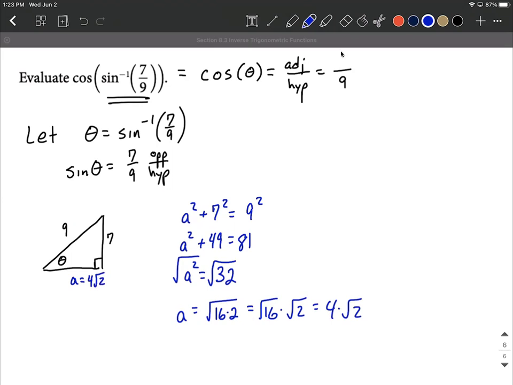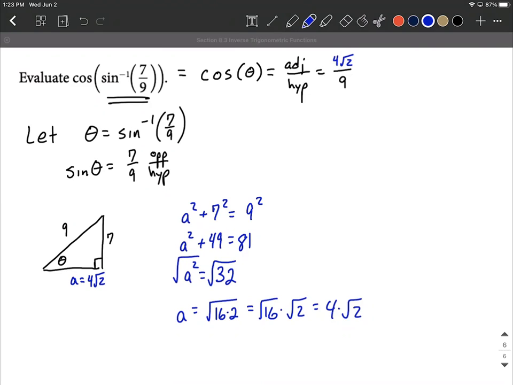Finally, to finish this up, let's fill that in. Our adjacent side length is 4 times the square root of 2, which can go up here. And there we have it. That's our cosine composed with sine inverse of 7/9. An exact answer: 4 times the square root of 2 all over 9.